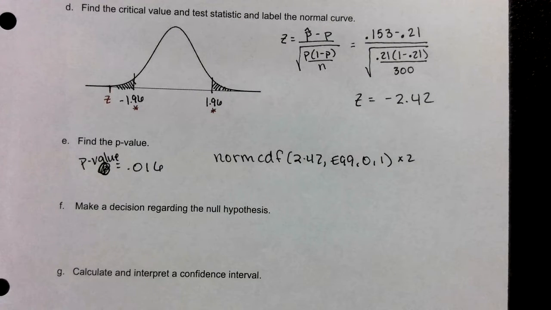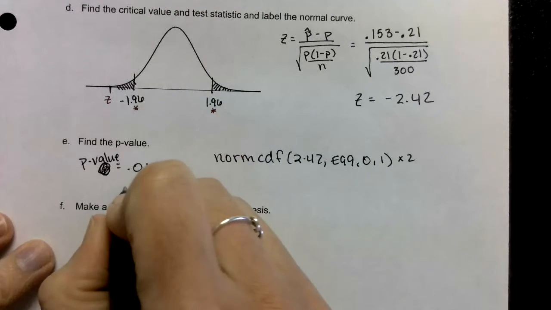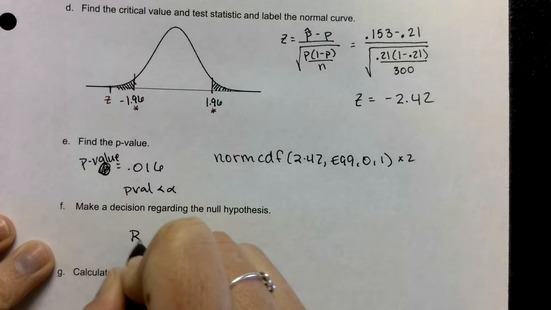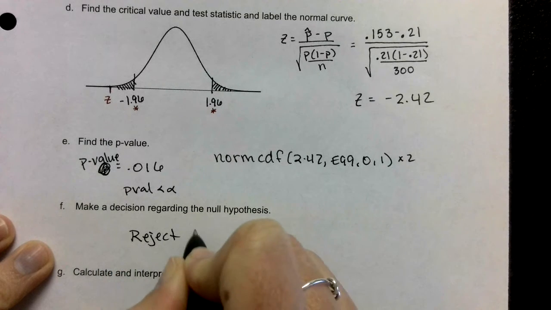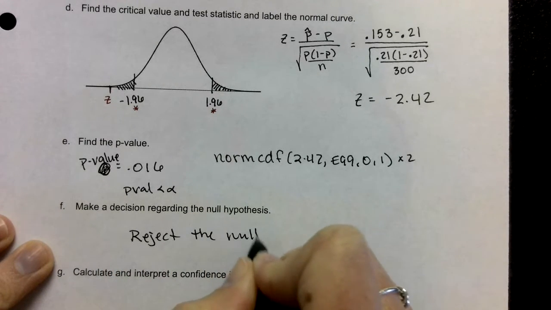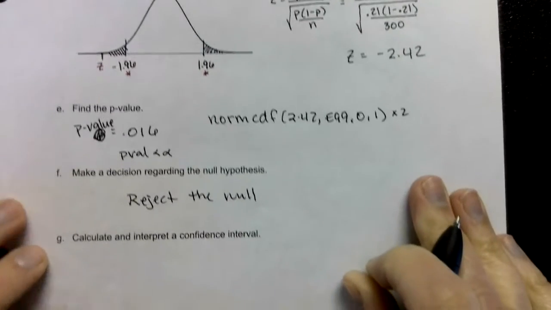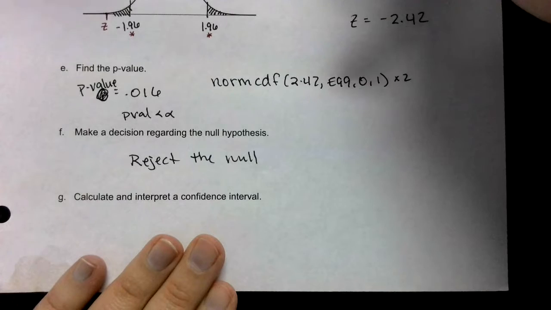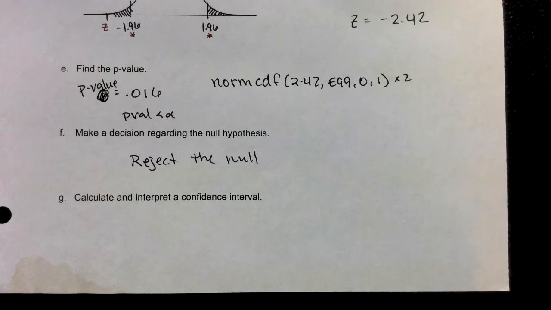So my p-value is 0.016, and what that means is it is less than alpha. So that also means we get to reject the null. So that means we're saying, okay, based on our evidence, we do not think your original claim of 21% is accurate anymore.